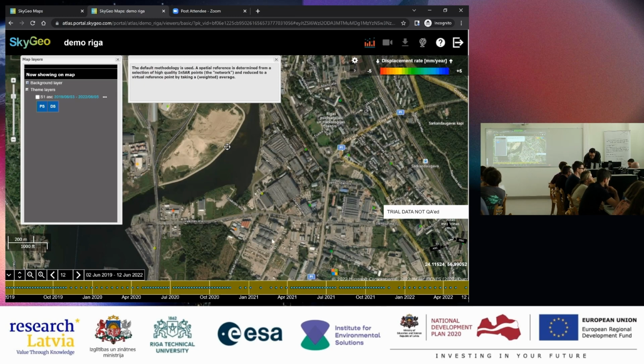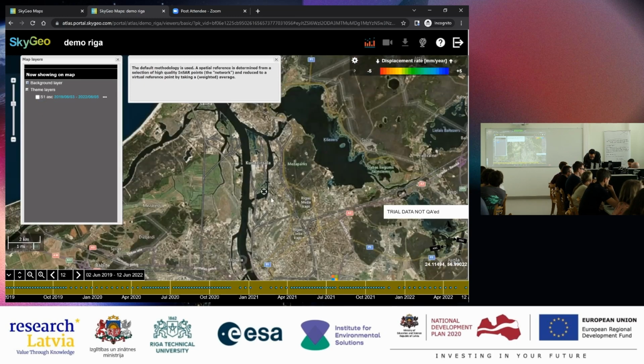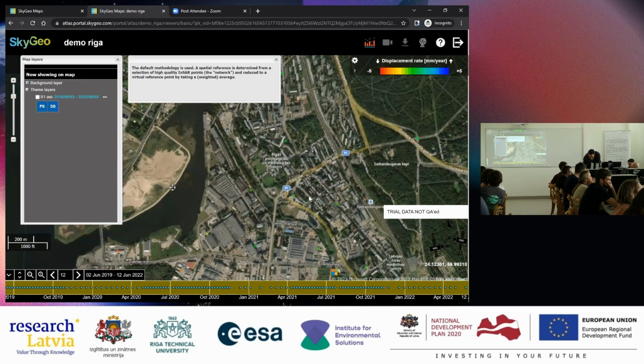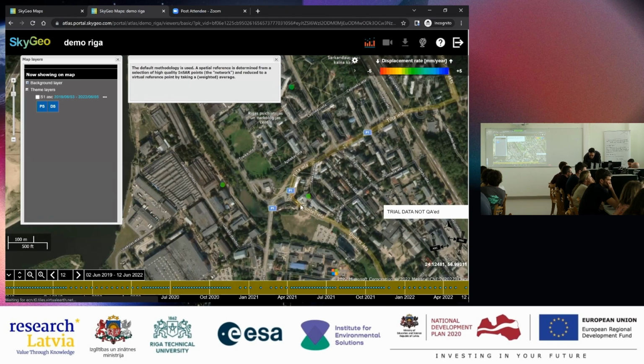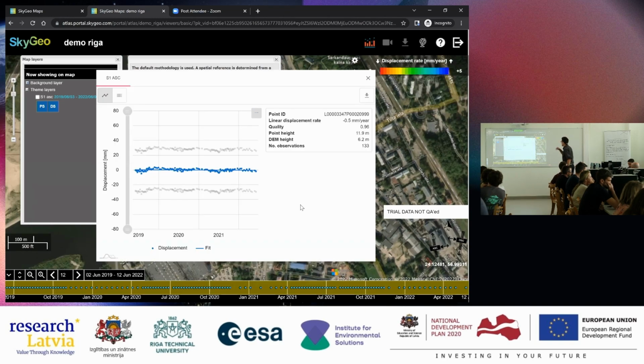If you zoom out, at some point you don't see them that well anymore, but there is this whole grid of points. Each of these points has in common that they're very good, the quality is 0.96. And we use that grid as our reference.